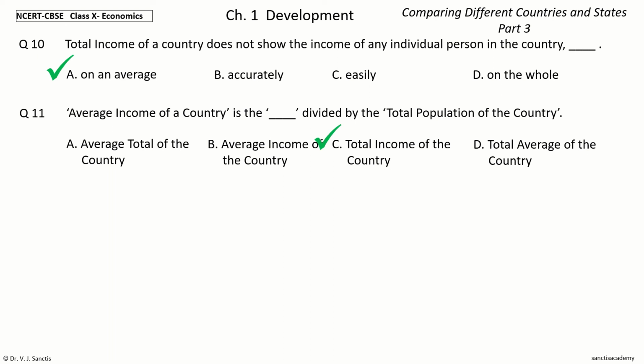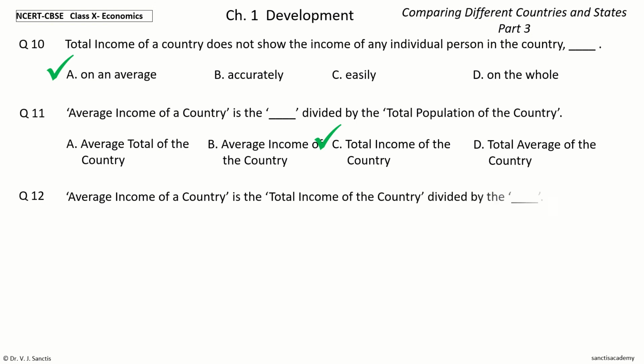So, average income of a country is the total income of the country divided by the total population of the country. Question 12. Average income of a country is the total income of the country divided by the dash.